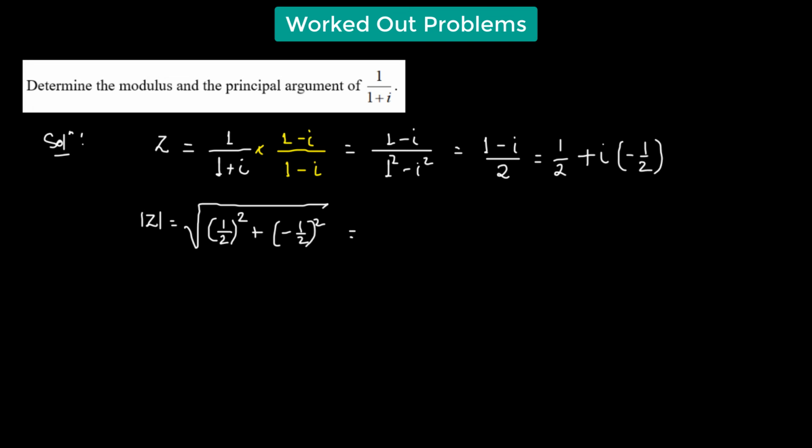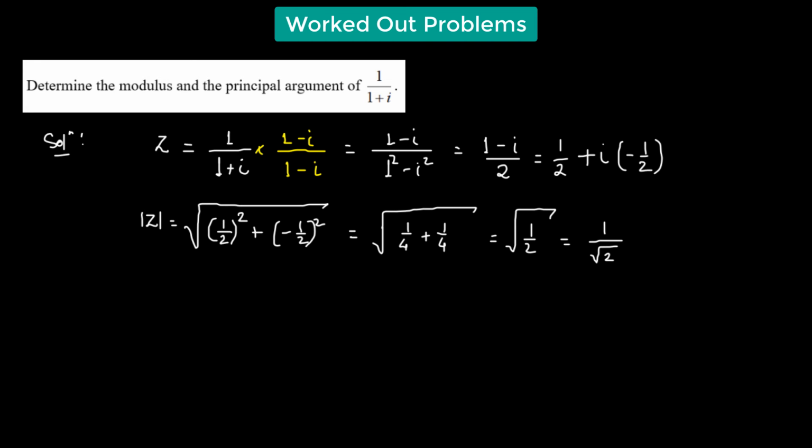So the square of half will be 1/4, and the square of the negative half will also be 1/4. So that gives us the square root of 1/2, or we can say this value is simply 1 over the square root of 2. So this is the modulus value.